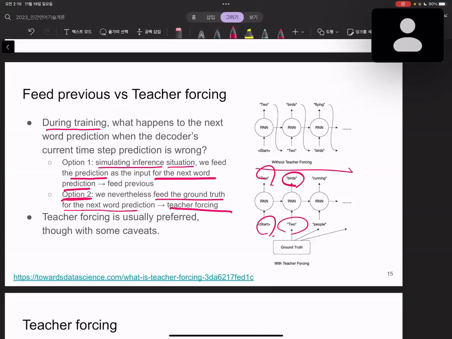And people is correct, so people is used for the next time step. This is teacher forcing, and teacher forcing is usually preferred, with some caveats.